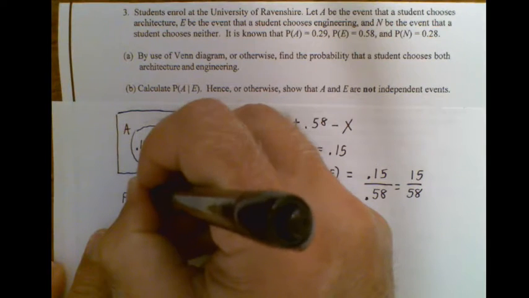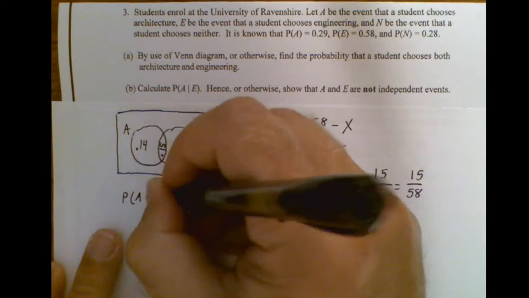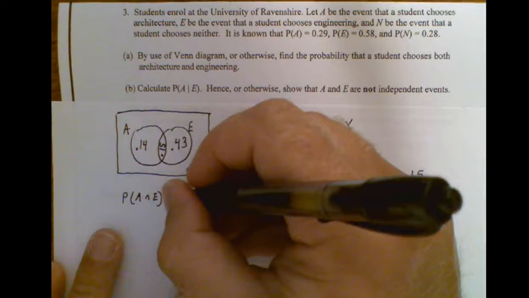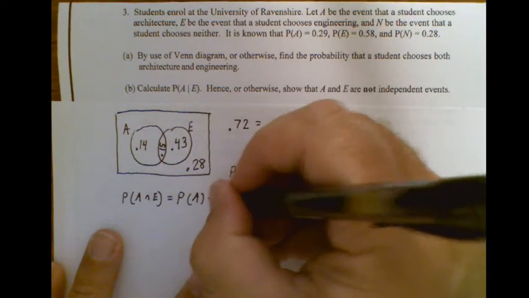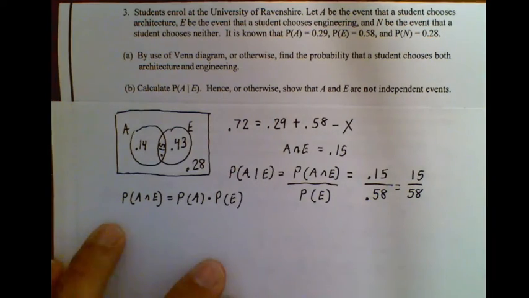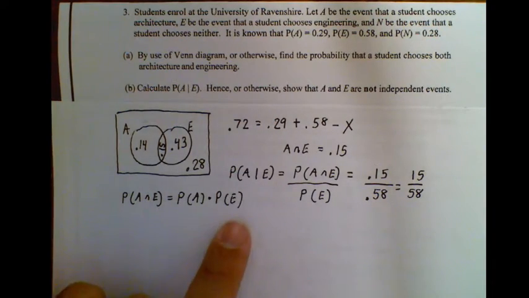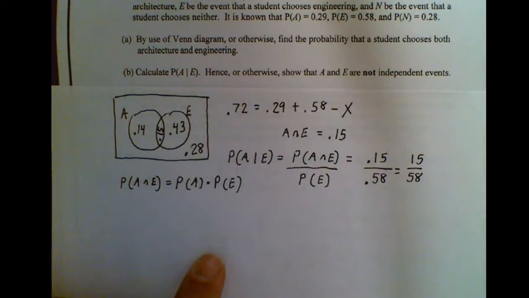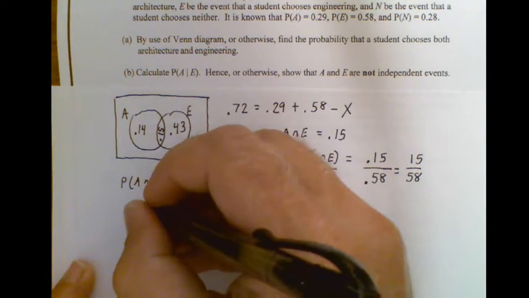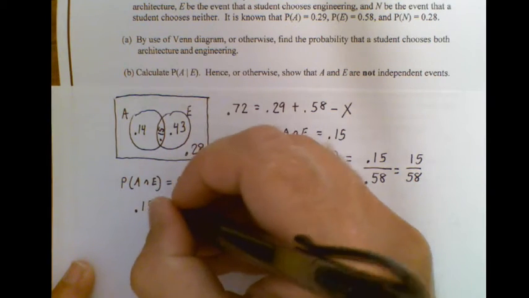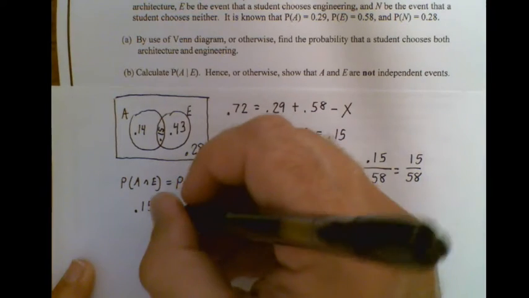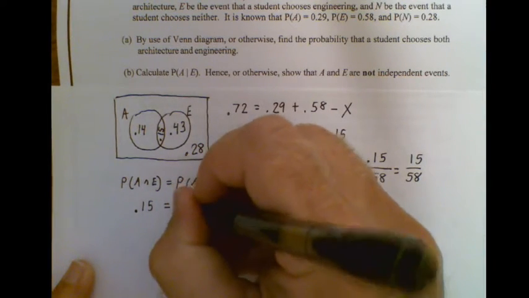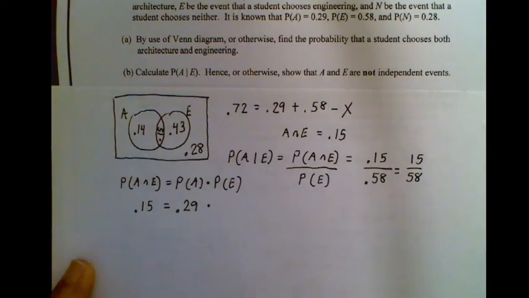If events are independent, then this statement would have to be true: A and E equals A times E. This equation would have to be true if the events are independent. But if I plug in the information that we know, A and E was 0.15, A was 29, and E was 58.